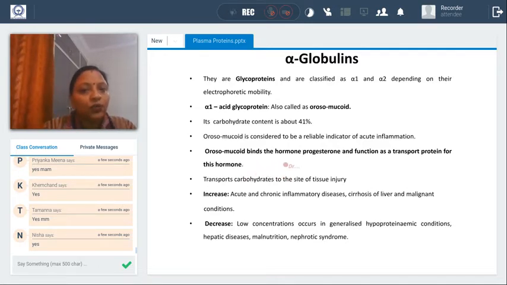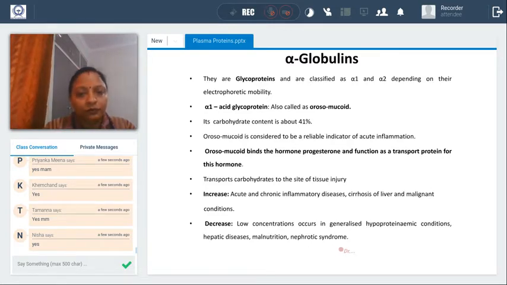So, for the transportation of progesterone hormone, orosomucoid or alpha-1 acid glycoprotein is essential. Transport carbohydrate to site of tissue injuries. Alpha-1 acid glycoprotein is increased in various conditions like acute and chronic inflammatory diseases, cirrhosis of liver, malignant conditions. And it is decreased in generalized hypoproteinemic conditions, hepatic diseases, malnutrition, and nephrotic syndromes.